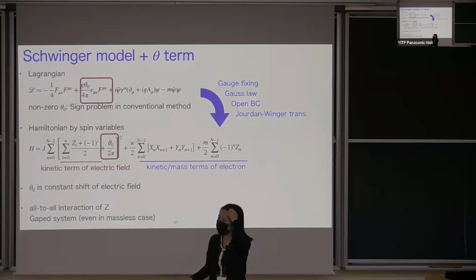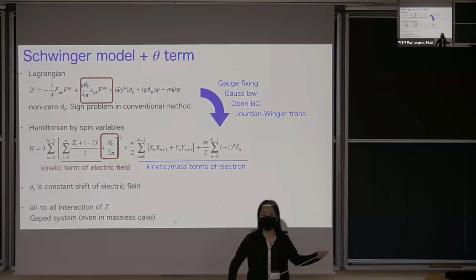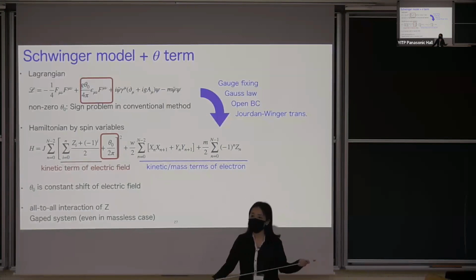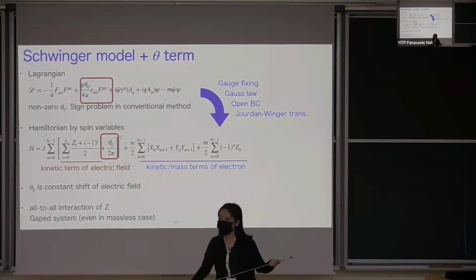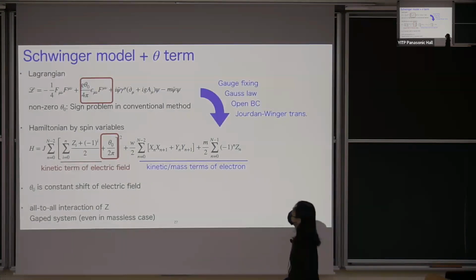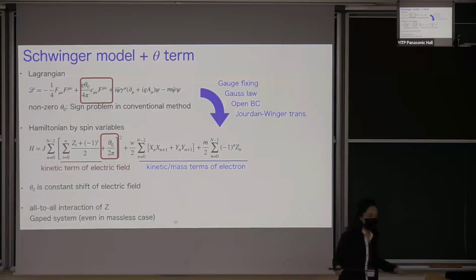So this term means something like pair creation and annihilation on the lattice, right? Yes. My question is whether it is interesting or not. I'm just asking your opinion. Okay. As a spin model, it must be interesting. Yeah, I think so.